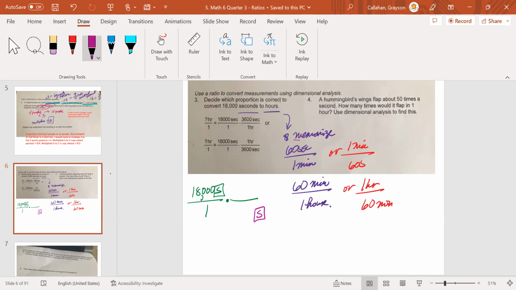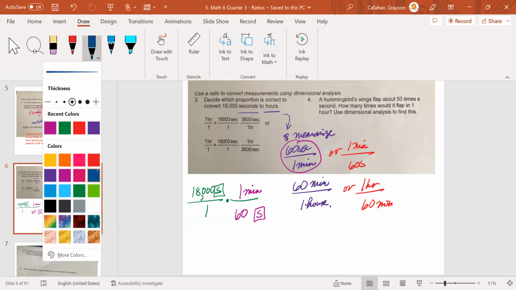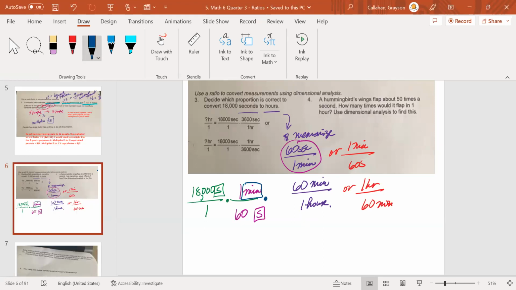Okay, so then I'm going to use this one right here. 60 seconds, right? It's on the bottom. 1 minute. Now the minute is on top. Do you see that? I still need to cancel the minute because I don't want minute. What do I want? I want hours to be on top, right? So I started with seconds on top. Eventually, I want hours on top. Okay, that's where I want to end, right? Anything in between, I just want to cancel it out.